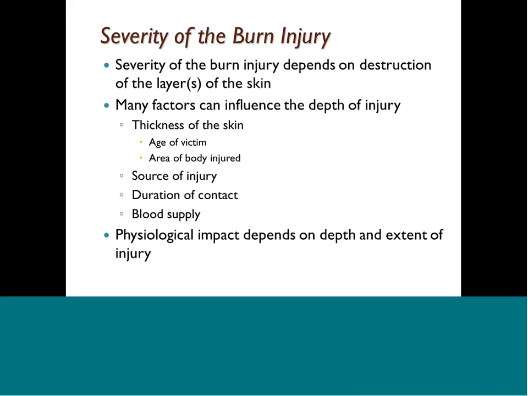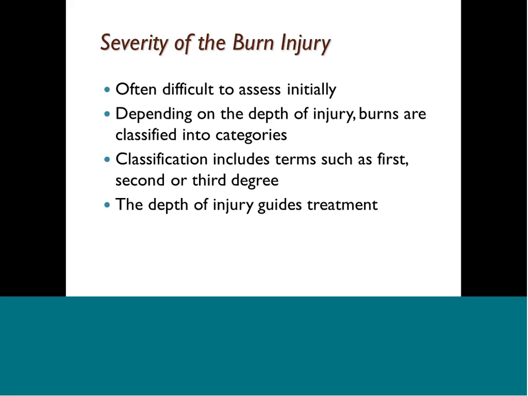We also look at the area of body injured. The skin is much thicker on the hands and the soles of the feet than on the eyelid areas. We also look at the source of injury, their duration of contact, and the blood supply to that area. Physiological impact depends on the depth and extent of injury.